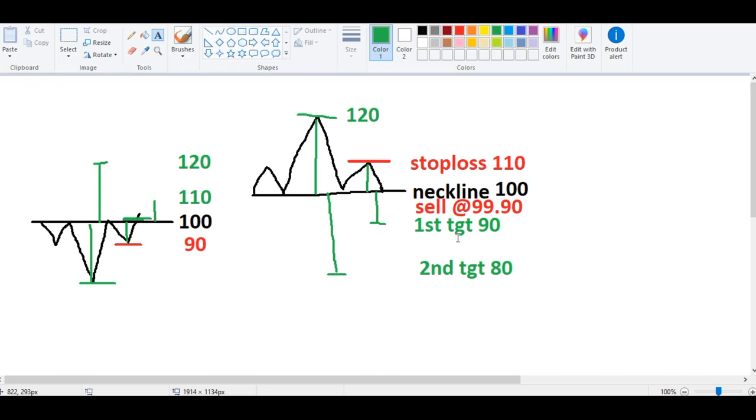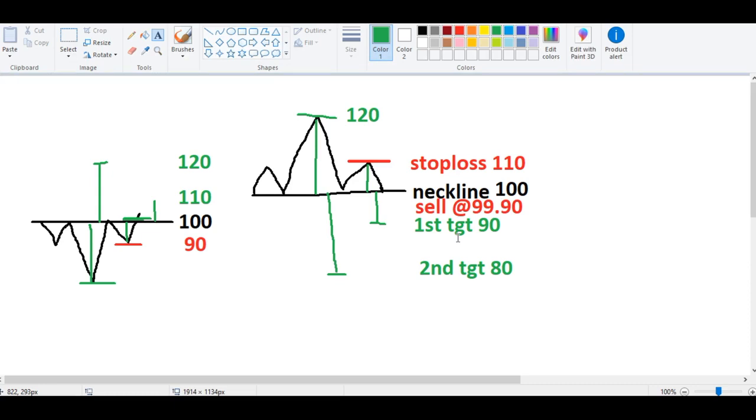So if you're trading on the higher time frames, make sure that your trades will be positional trades, and not intraday. If you want to play these intraday, you can go on the 5-minute, the 15-minute, or hourly time frames and trade this price pattern intraday.